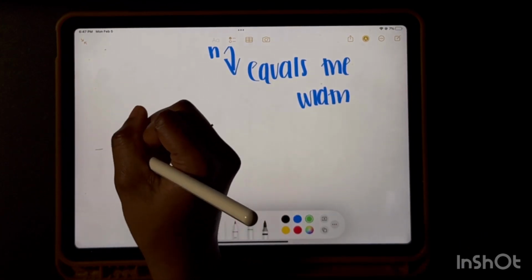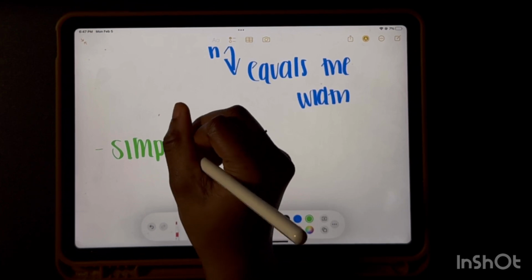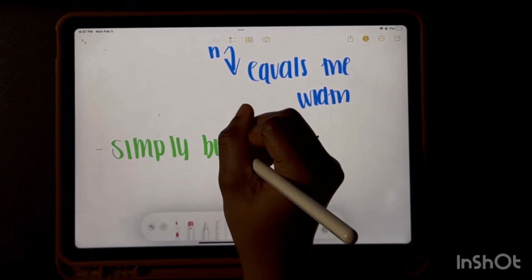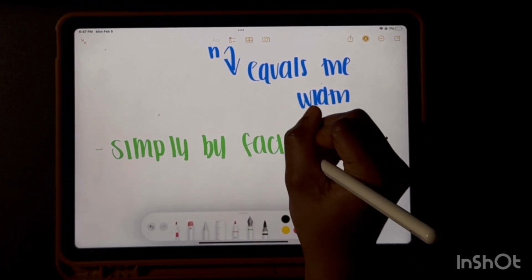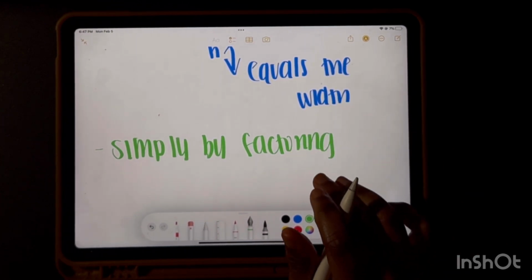And to solve using trapezoids, at the end, you always want to simplify by factoring. Easiest way to find your area.